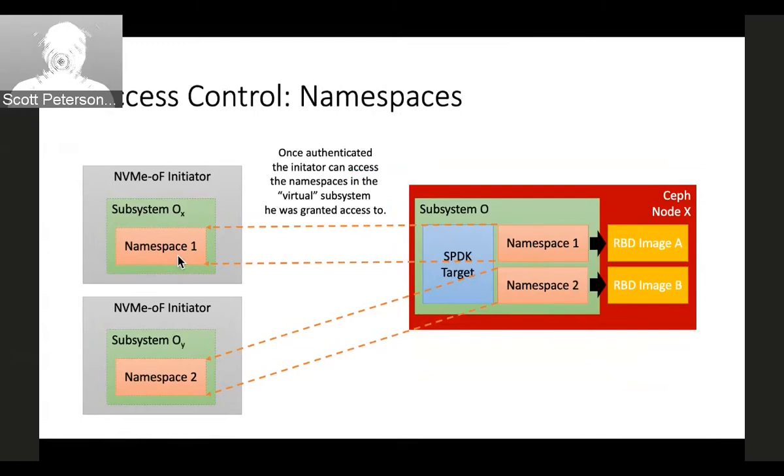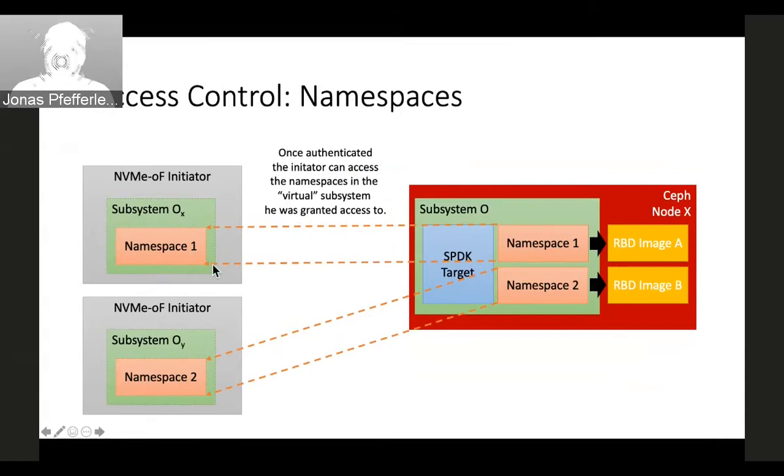So in this picture, essentially, you only have, let's say, one subsystem. You, of course, can still have multiple, but for simplicity, let's say one subsystem. And then, for lack of a better term, you create kind of virtual subsystems, let's call them dynamic subsystems, whatever you like to call them, right?